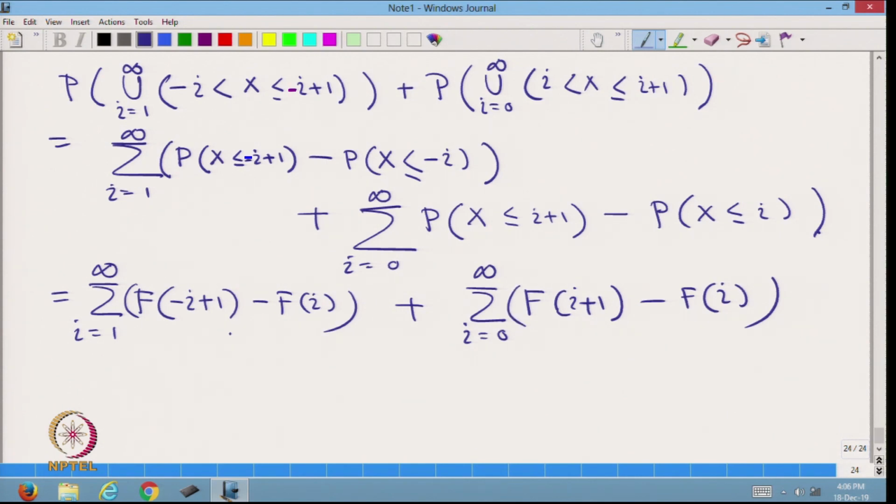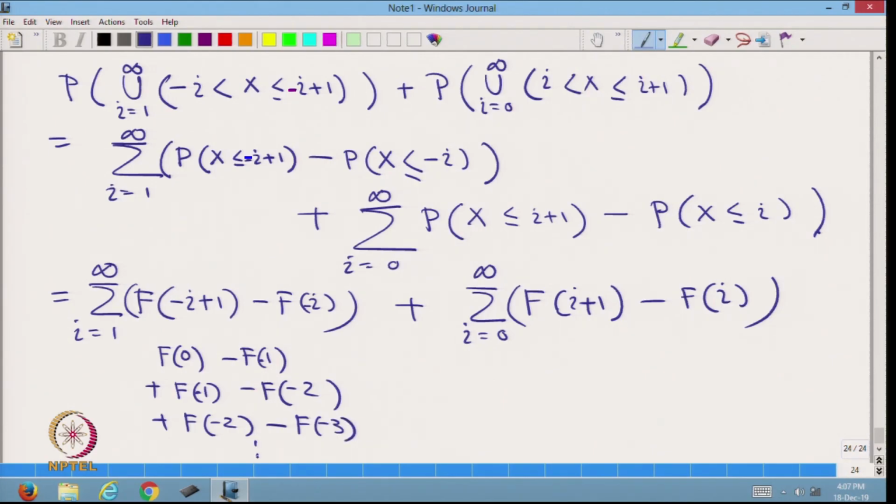So, here we are getting terms like F of 0 minus F of minus 1, plus F of minus 1 minus F of minus 2, plus F of minus 2 minus F of minus 3, like that.